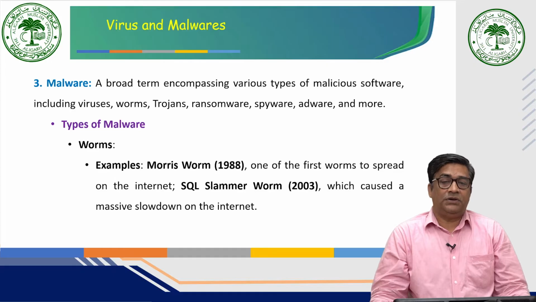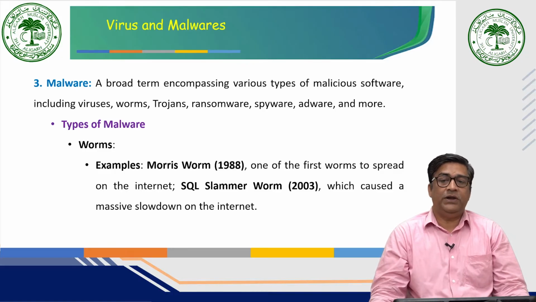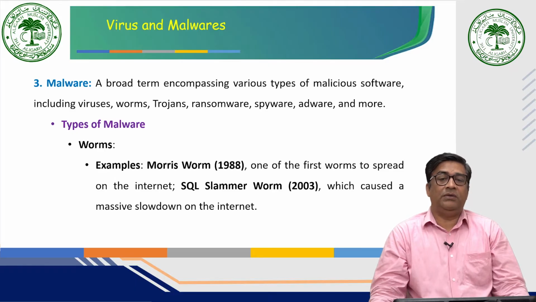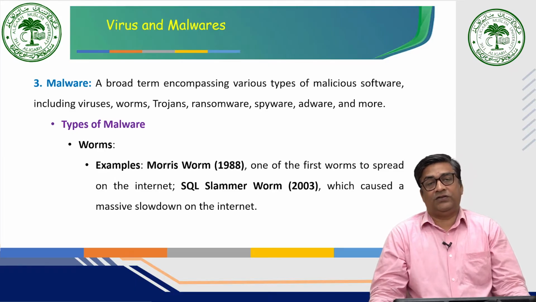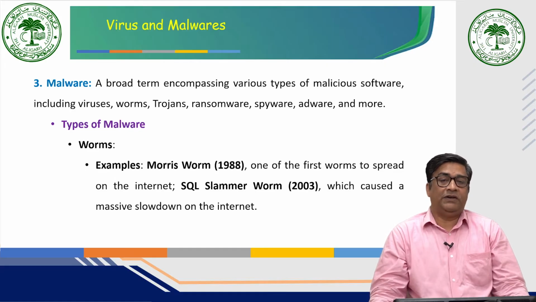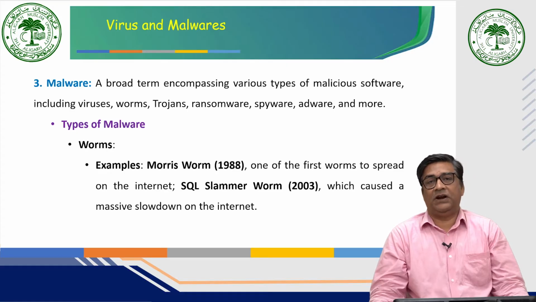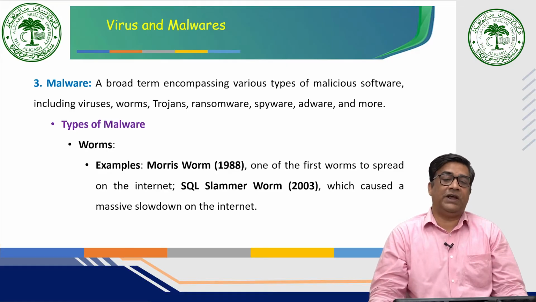It was released unintentionally, but it infected computers by exploiting vulnerabilities in Unix-based systems. The SQL Slammer worm, 2003, exploited a vulnerability in Microsoft SQL Server and SQL Server Desktop Engine within minutes of its release. It caused significant internet slowdown worldwide, disrupting services like ATM services, airline services, emergency response operations, etc.